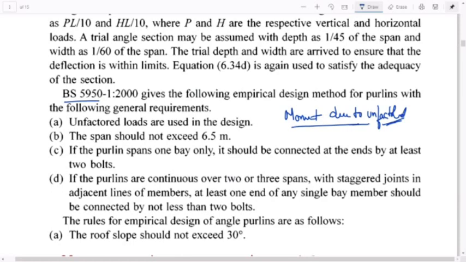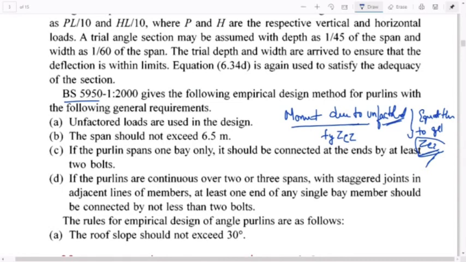And the bending strength of a member of the angle section can be given by Fy into Ze. So equate these to get Z, and based on the elastic section modulus, go to the code book and select a proper angular section. That's it. That is a very simple procedure, isn't it?